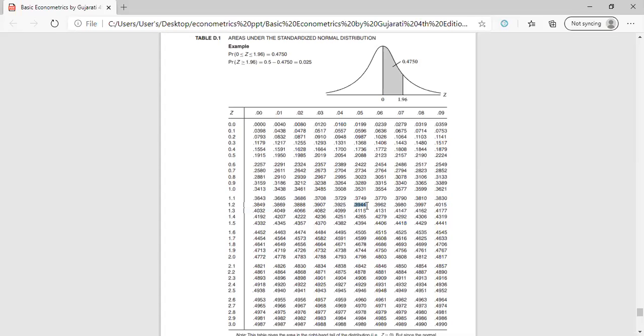Any other questions? How to read this table? Professor, when we get minus, like 2.25, that time we find the Z value and then add 0.5, right? No. Now you are still in the formulas. Did you draw the graph? You draw the graph.